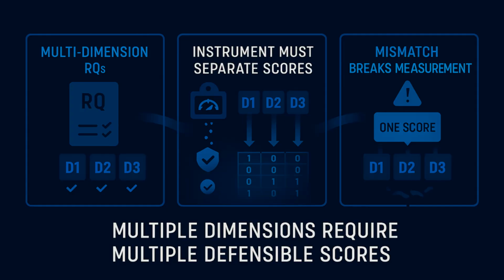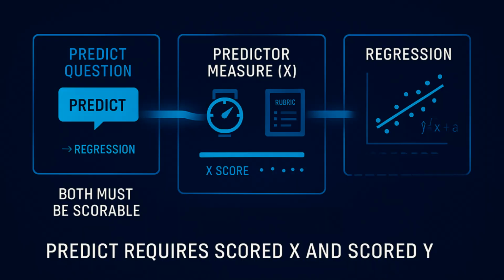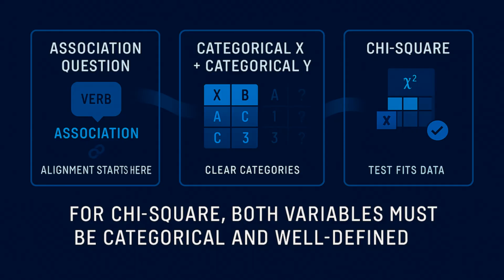If your quantitative research question uses the verb relationship and your analysis aligns with correlation, you need two measured variables that produce appropriate numeric scores. If your question uses predict and aligns with regression, you need a predictor measure and an outcome measure that can be scored properly. If your question uses association and aligns with chi-square, both variables must be categorical with clearly defined categories.